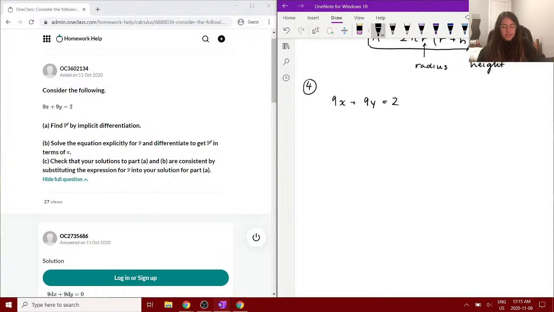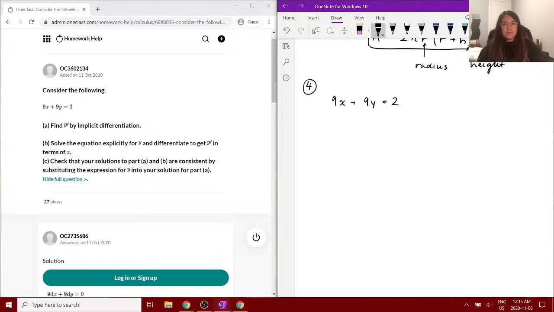First, it asks us to find the derivative of y by implicit differentiation. Then it asks us to solve the equation explicitly for y and differentiate to get the first derivative of y in terms of x. And then it asks us to compare the solutions from A and B to make sure that they are consistent.